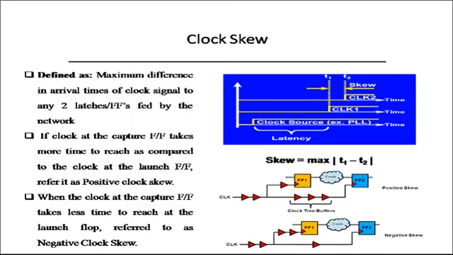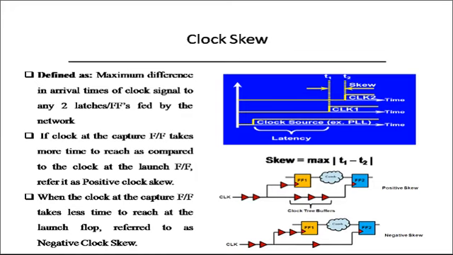The definition is the maximum difference in the arrival time of the clock signal to any two latches or flip-flops fed by the network. Whatever your source of clock is, from that source the arrival time at the flip-flops, whatever the difference, is called a skew. The skew is of two types, positive skew and negative skew.